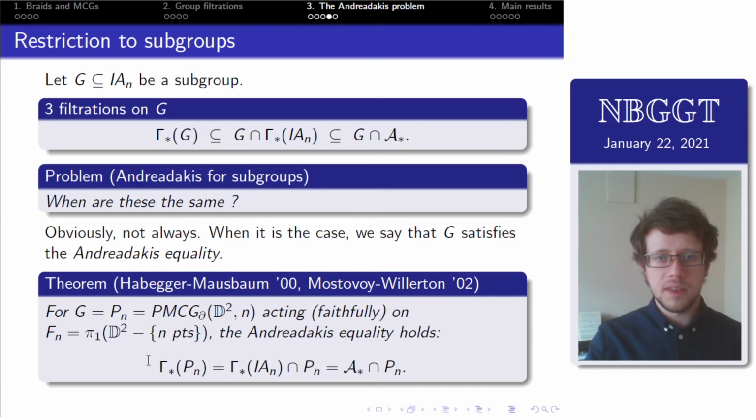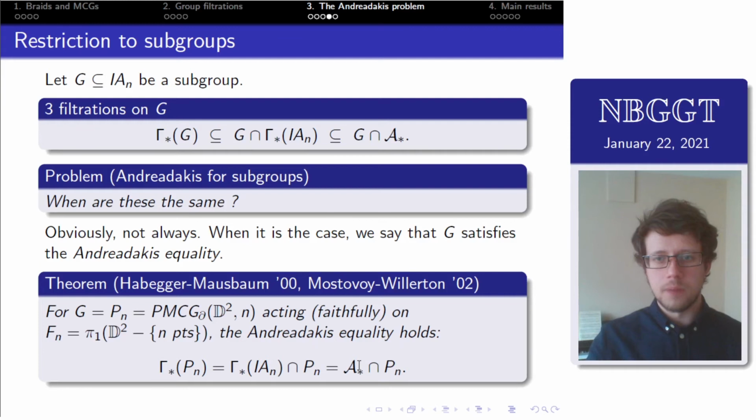In fact, if we are taking pure braids, it identifies with a subgroup of IAn, and then we can recognize the lower central series of the pure braid group as this restriction of the Andreadakis filtration.